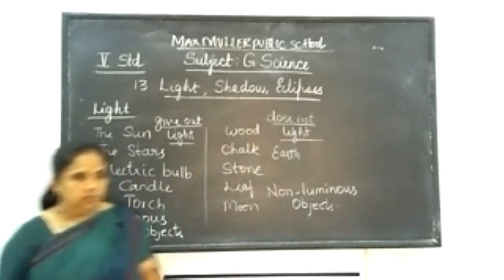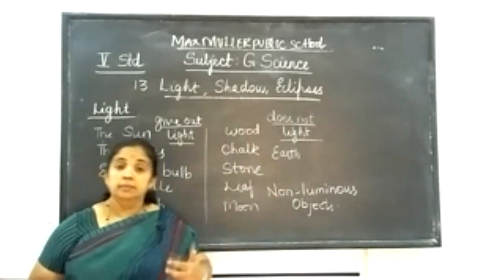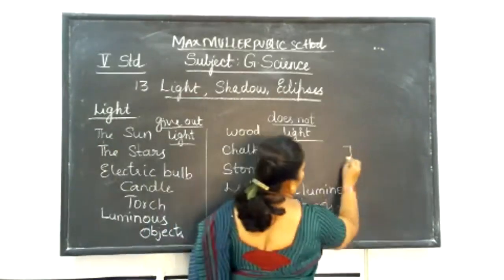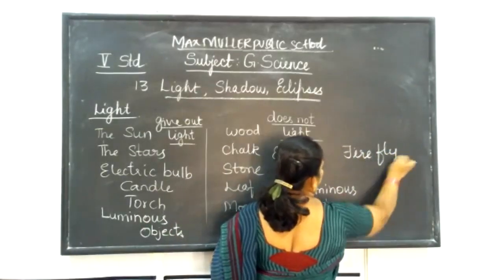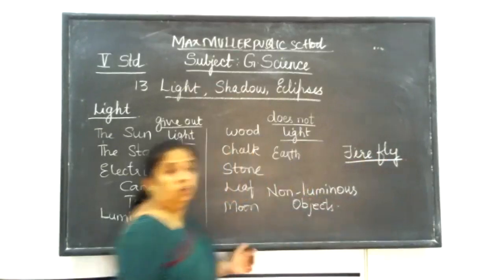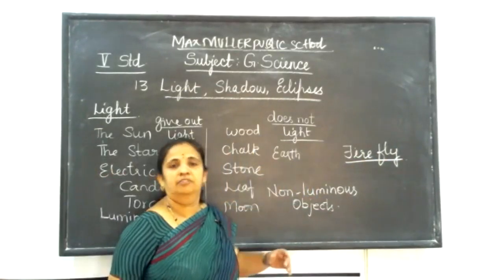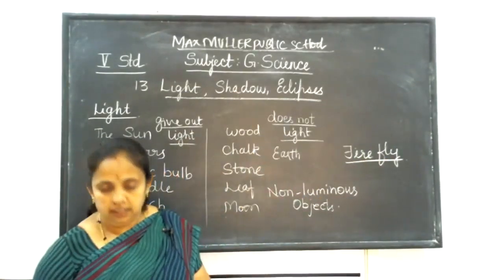Even some animals give out light. There is an insect called the firefly. It gives out light during the night.